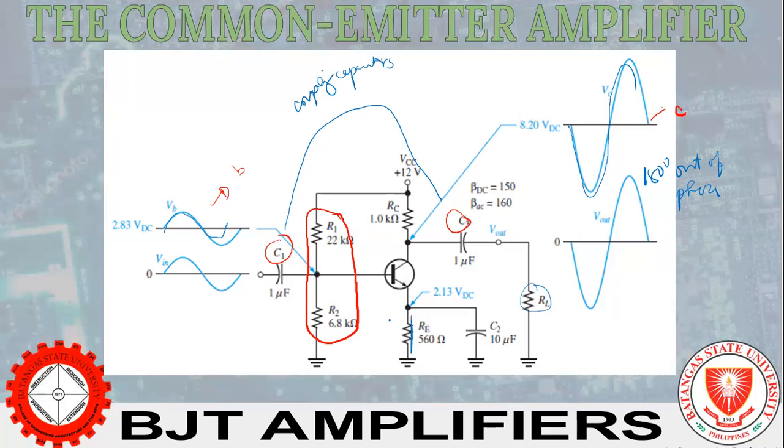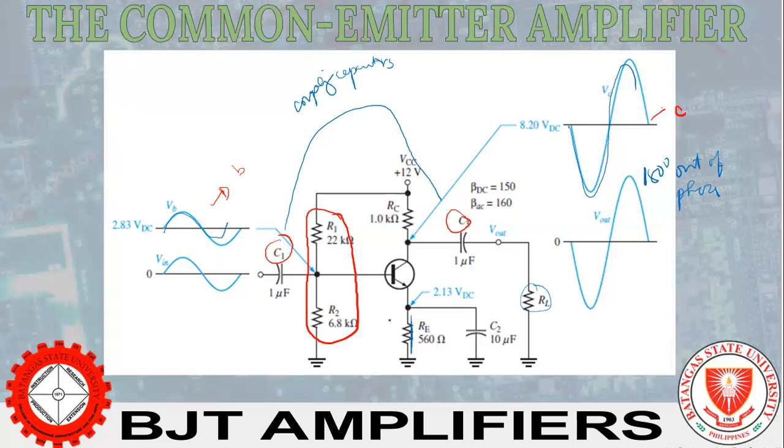So, i-short niya siya. Ang ina-allow niya naman dito is DC. Binablock niya naman si AC, di ba yun ang role ni bypass? So, kaya sasabihin natin that there is no signal at the emitter terminal. So, yung bypass capacitor, sino-short niya yung emitter to ground at the signal frequency.